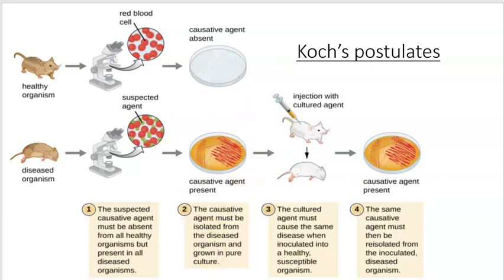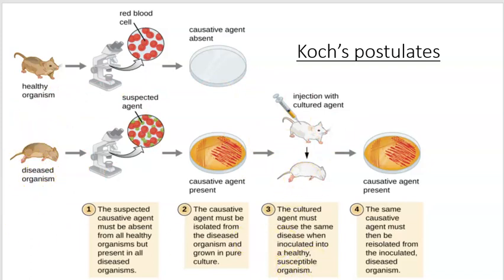And then you take that and you inoculate it or inject it into a healthy host, and you go through this process here and you show that the healthy host is going to experience the same kind of disease that we would see in the ones that are out there. So you're basically saying, hey, this particular agent that we isolated here is causing the same signs and symptoms that we found there.